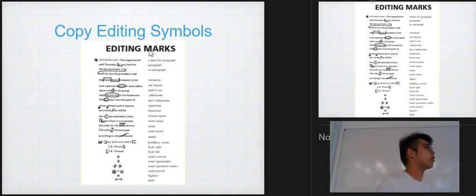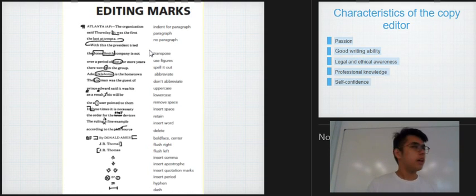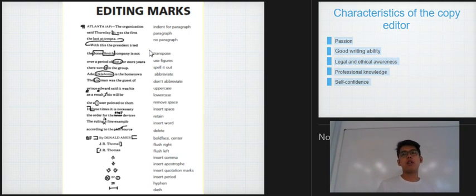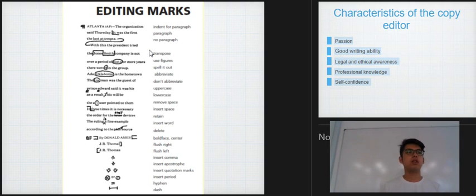And then we go into a review. I think we have already learned it in the past classes, in the crash course. These are the editing marks. These editing marks are useful for us to do written copy editing. For example, sometimes we need to put in no paragraph, and sometimes we need to put a new paragraph between two existing paragraphs.